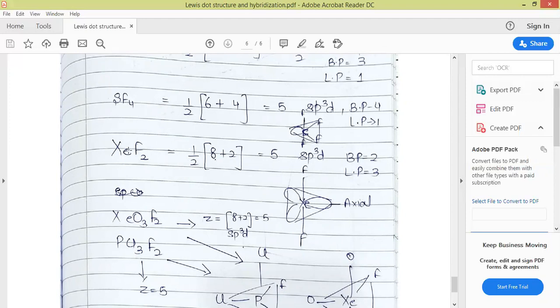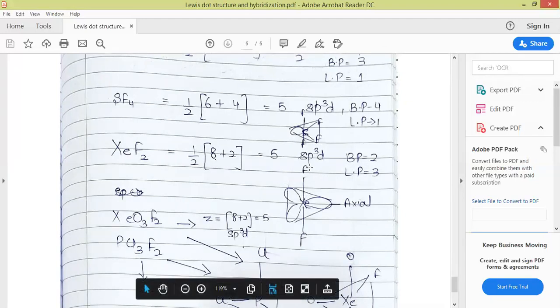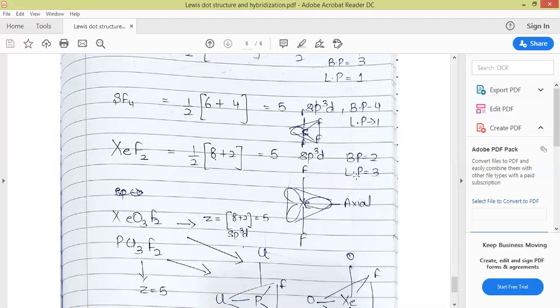Let's talk about XeF2, which is this. Z is 5, so it is sp3d. Number of bond pairs is 2. Shape is going to be linear, but geometry is trigonal bipyramidal, because geometry has to deal with both the lone pairs and bond pairs.